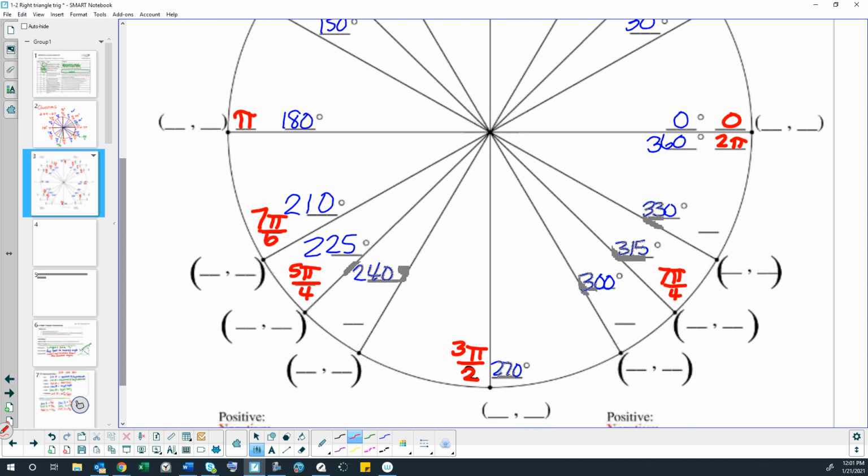So do that fraction math with me. 8 sixths is 4 pi thirds. The next one will be 9 pi over 6. 9 sixths is 3 halves, so that matches what we already have. And then we would have 10 sixths. 10 over 6 reduces to 5 thirds.